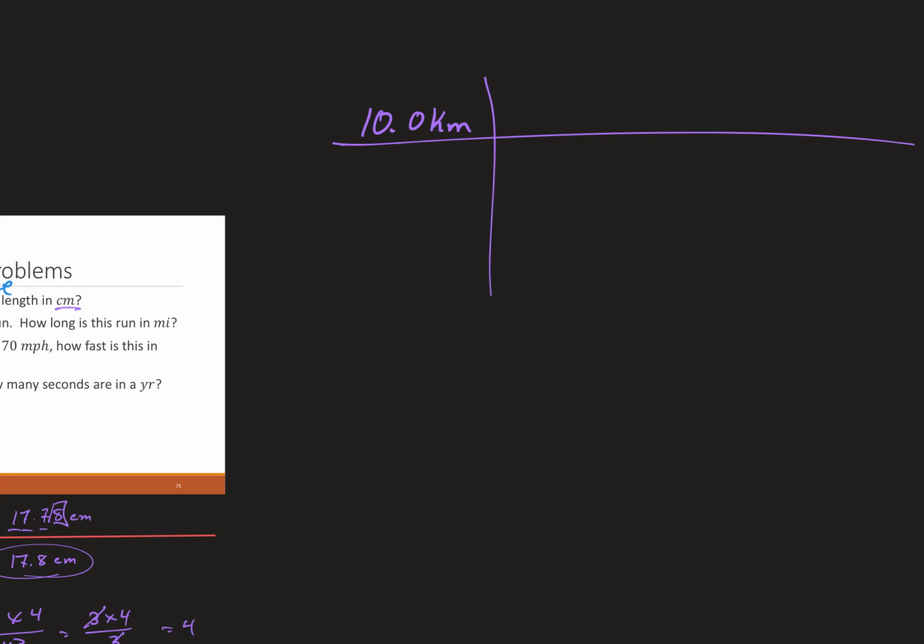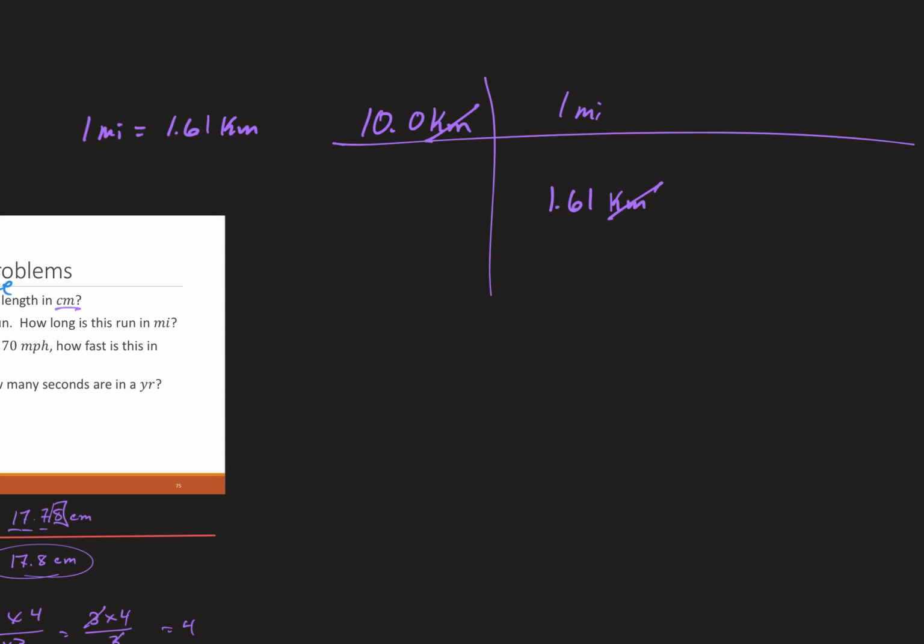Actually, let's use the conversion. 1 mile equals 1.61 kilometers. So we have our measured value of 10.0 kilometers, and we're trying to get rid of kilometers, so put that in the denominator. We're trying to finish up in miles, so 1 mile right there.